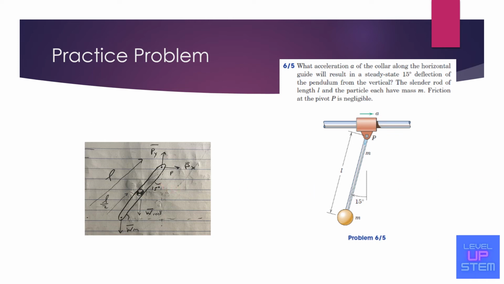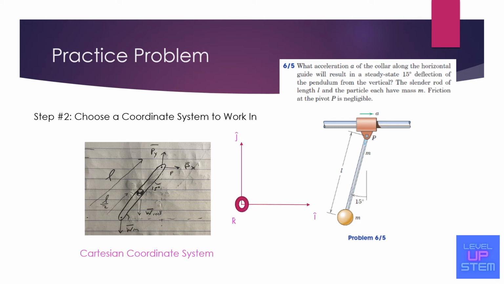For the next step, we're going to choose a coordinate system to work in. By far the best choice for this problem would be the Cartesian coordinate system, and you'll find that to be the case in most of these rigid body problems.